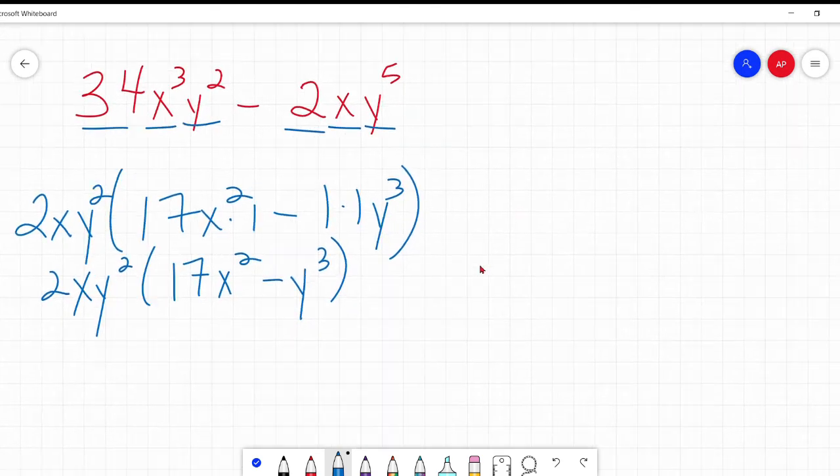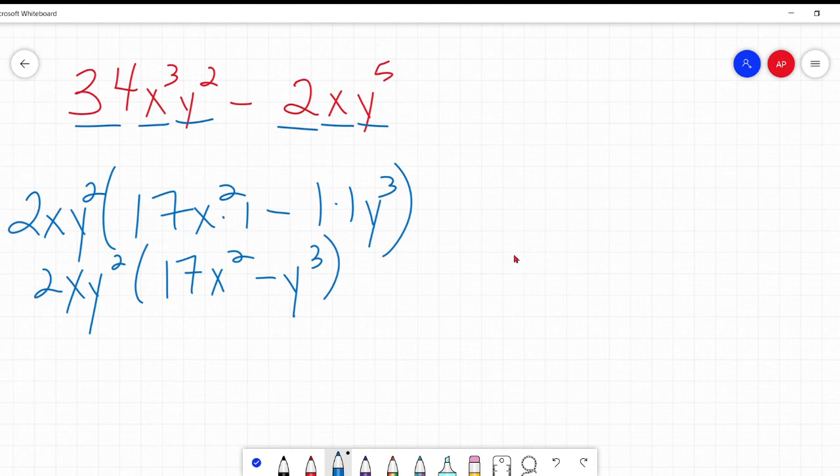And as you may have noticed, every time we're asking what's the biggest thing we can divide out of these two, when it comes to the variables, it is the same as the smaller one. For example, up here I had x cubed and x. What did I pull out? x.